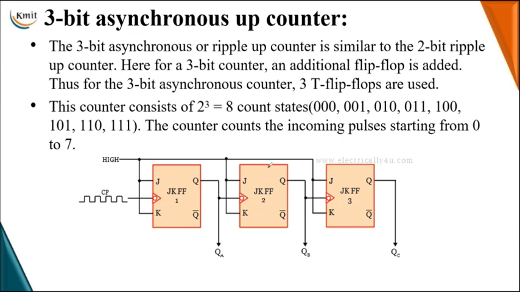Toggle mode in a JK flip-flop can be obtained when J and K are equal to logical 1. Hence we connected J and K of all 3 flip-flops to the high state, so J becomes logical 1 as well as K. Now in this ripple counter design, the first flip-flop is the least significant bit of the counter, and the third flip-flop is acting as the most significant bit.